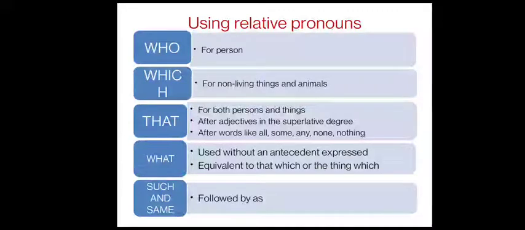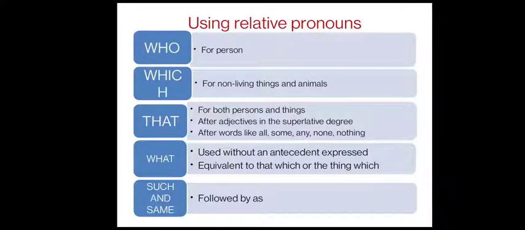Basically who is used for a person, which is used for non-living things or animals, that is used for both person and thing after an adjective in a superlative degree, after words like all, some, any, none, nothing.